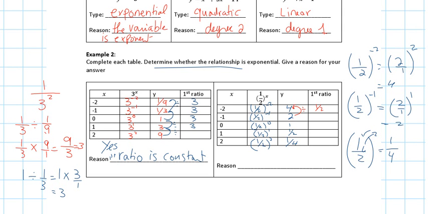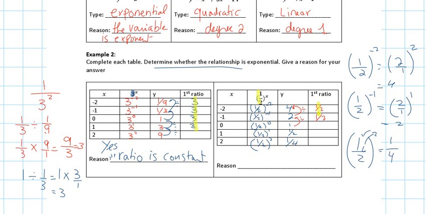And I know that my ratio is going to be a half because my base is a half. Right? You guys have to catch these things. In the one before, my base was 3 and my ratio was 3. In the previous one, my base was 2 and my ratio was 2. In this, my base is a half and my ratio is going to be a half. It has to click there.